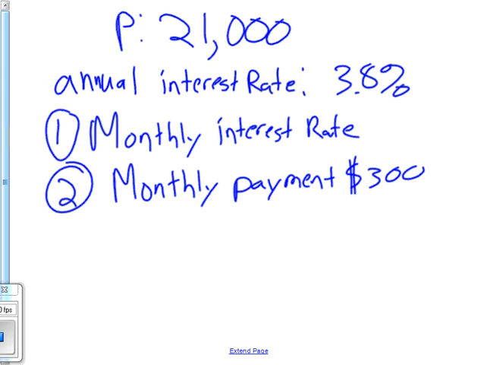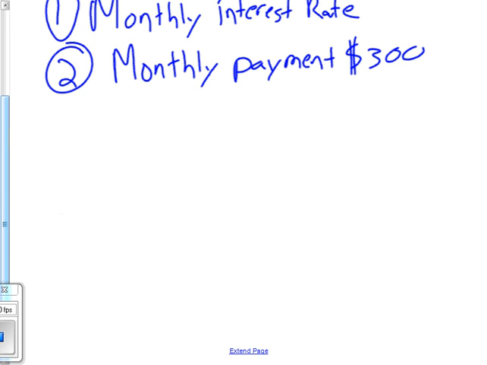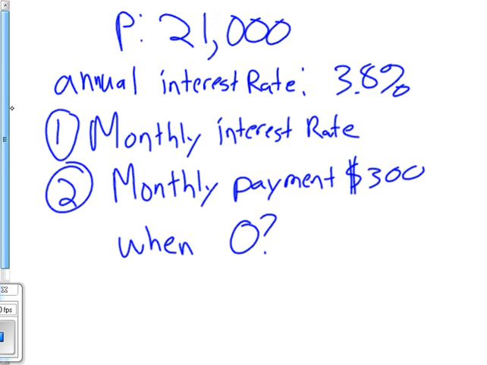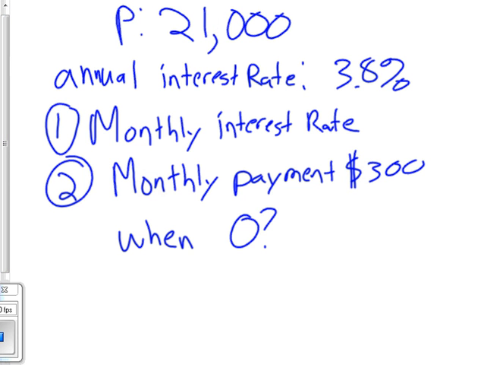When would it get to zero? When would this loan be done? When would you pay off your loan? Yep. So your monthly payment is $300.